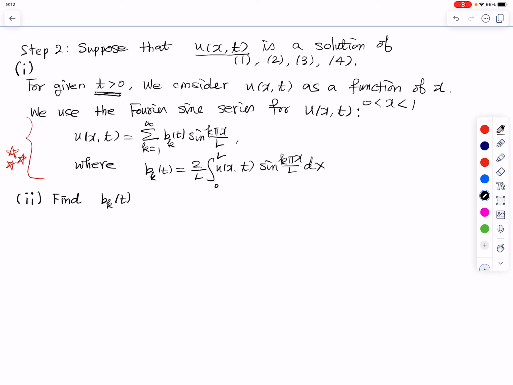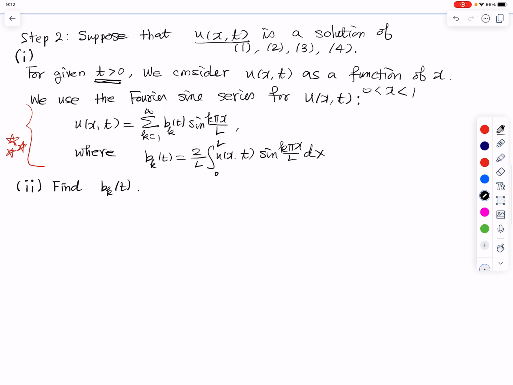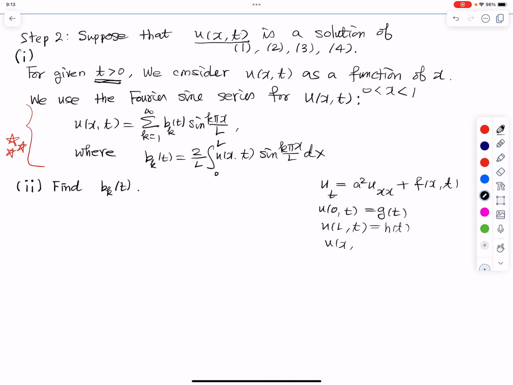Okay. So how do I find the b_k? Now we have to use equations. Let me write down our equation here so I don't scroll: a squared u_xx plus f(x,t), u(0,t) equals g(t), u(L,t) equals h(t), and then u_x(x,0) equals l(x).